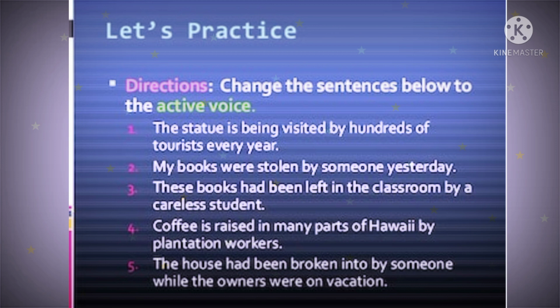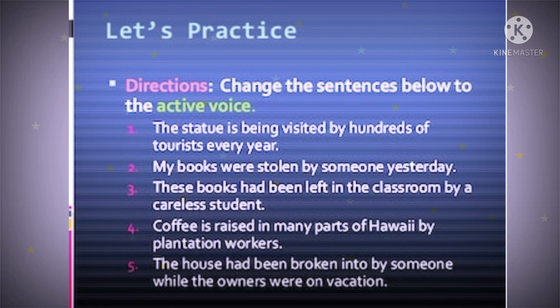Next sentence. These books had been left in the classroom by a careless student. So first we take the word after by. So a careless student had been left. Actually, it is perfect tense, so that is why had plus been is used there. So a careless student had left these books in the classroom.